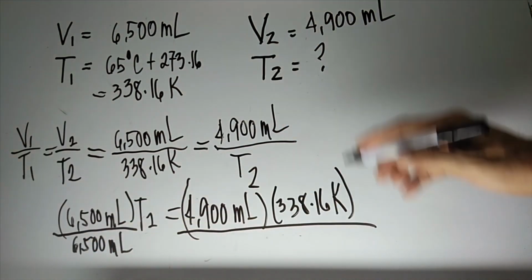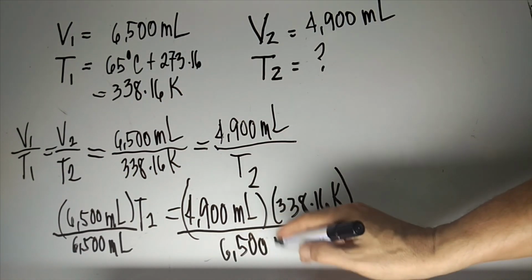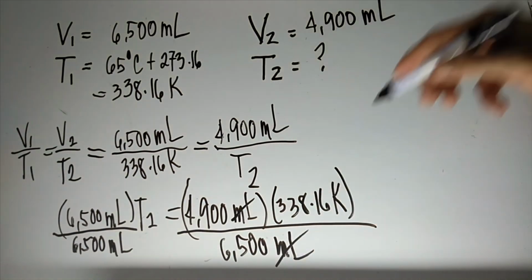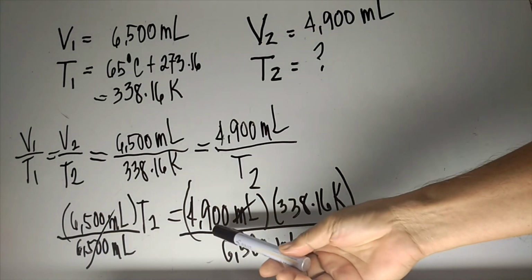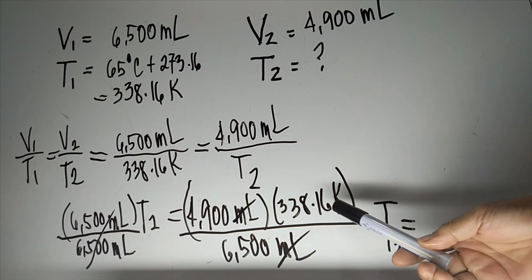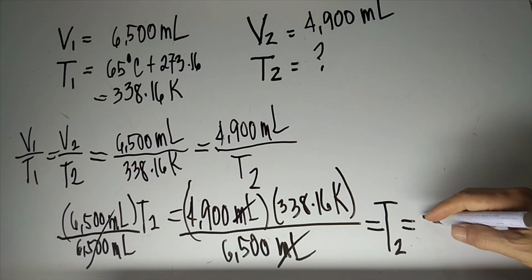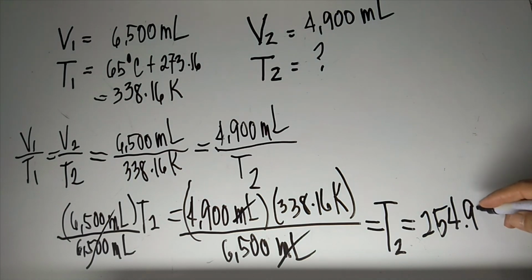We'll also divide this by the same value, 6,500 milliliters. Okay, so this cancels. This will become 1. Using your calculator, 4,900 times 338.16 divided by 6,500 will give you, T2 will be 254.92 Kelvin. But the problem wants us to express our final answer in degrees Celsius.